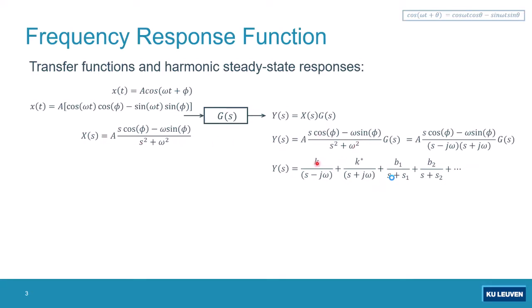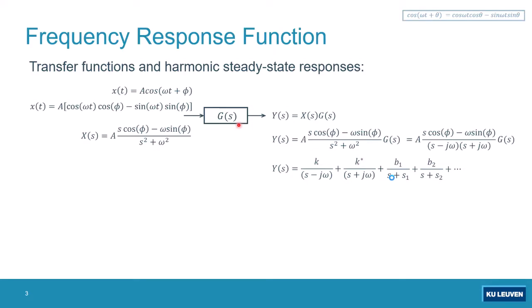The coefficient for the first term is, for the time being, let's call it k, and the coefficient for the second term is k star. The remaining terms, from the third term onward, are associated with the denominator of G(s), the denominator of the transfer function of the system.